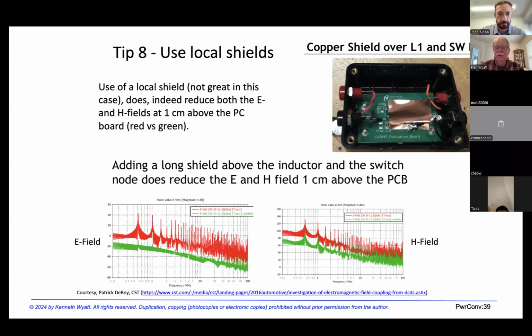H fields not so well, but it does block them probably over 10 dB, which is significant. E fields are being blocked by 25 dB in this example. Most of the local shield manufacturers use thin aluminum or tin-plated steel, maybe.